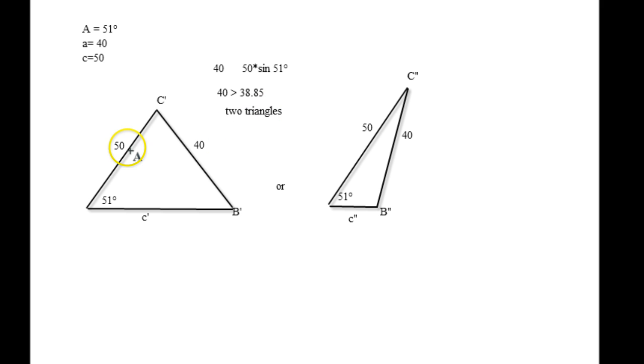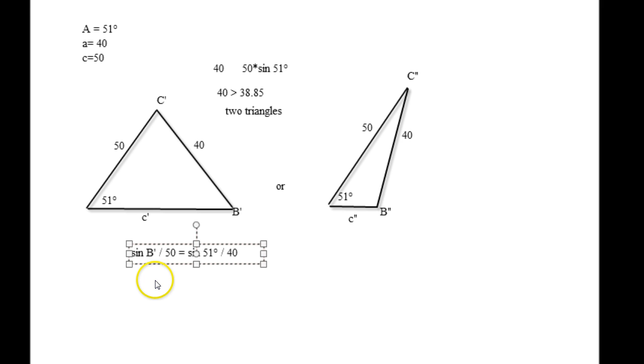First off, I would find angle B first, and that's the most important part. So I'd do sine of B prime divided by 50 equals sine of 51 degrees divided by A. Sorry, that should be a little a, that should be 40. Jeez Louise, I'm slipping in my old age.